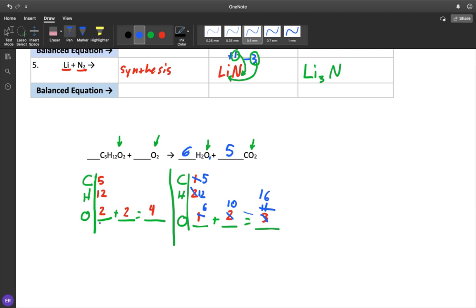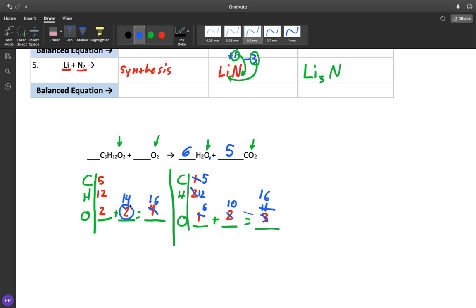So now I have 2 from the first one, and I just need to change this one right here. So I need to see how many oxygens I need to add on this side. Okay, so to get to 16, I need 2 plus blank to equal 16. So that's going to be 14.